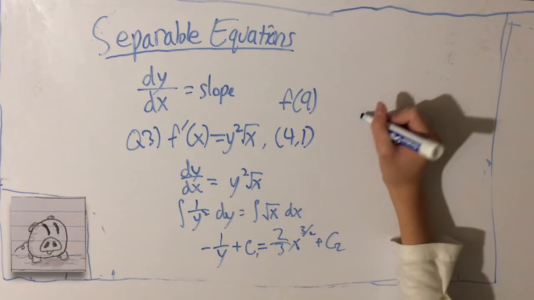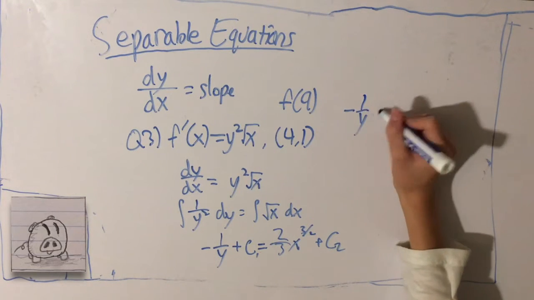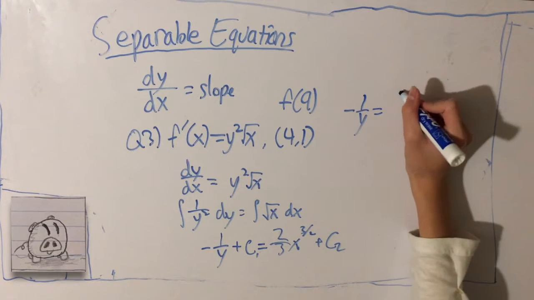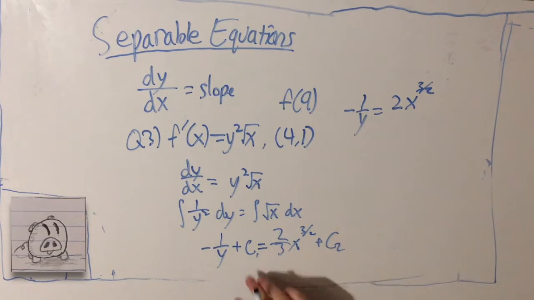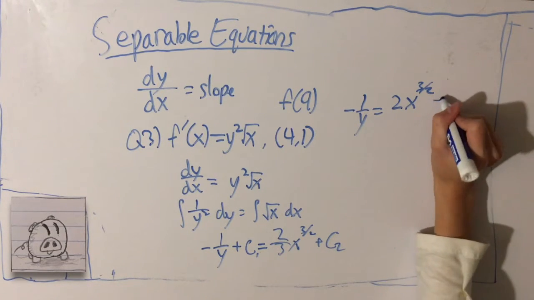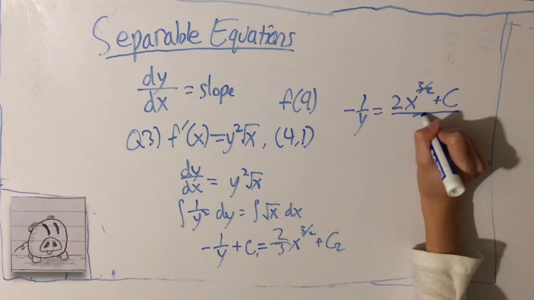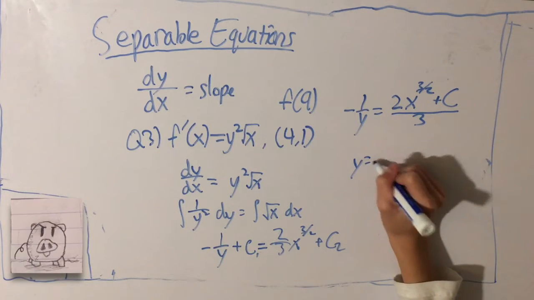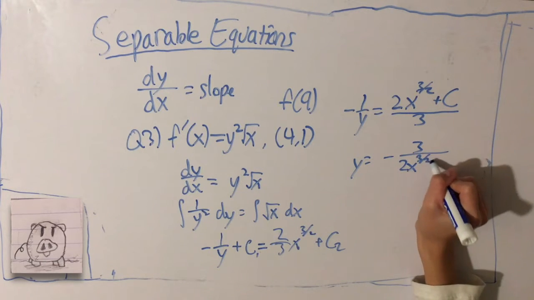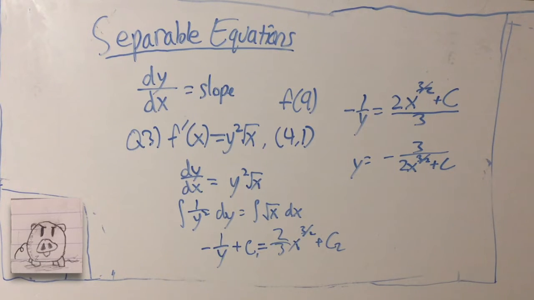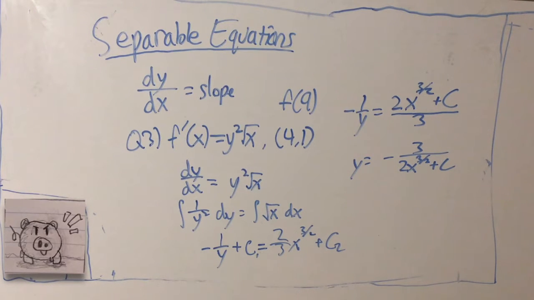We'll move the constants and do a little algebra trickery to get negative 1 over y is equal to 2x to the power of 3/2 over 3, plus a new constant c over 3. So y is equal to negative 3 over 2x to the power of 3/2 plus c. But wait, there's more.